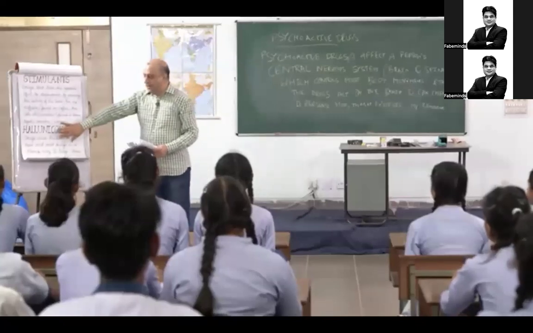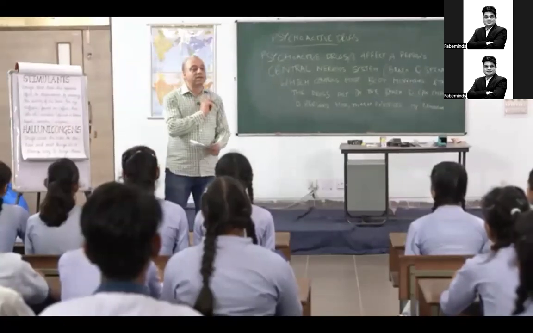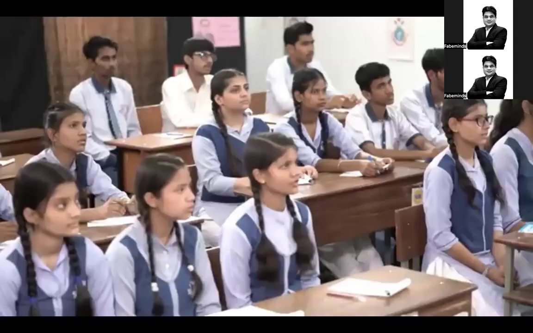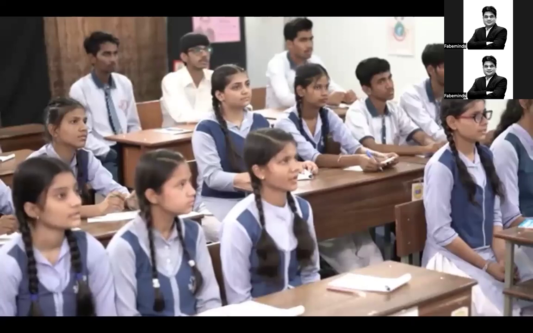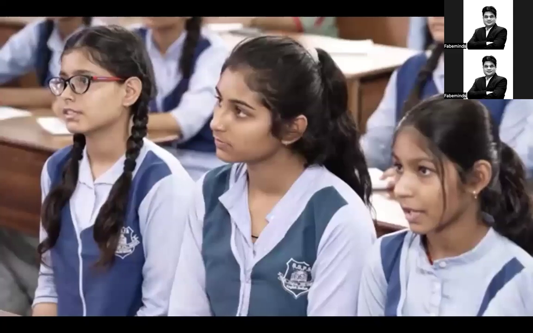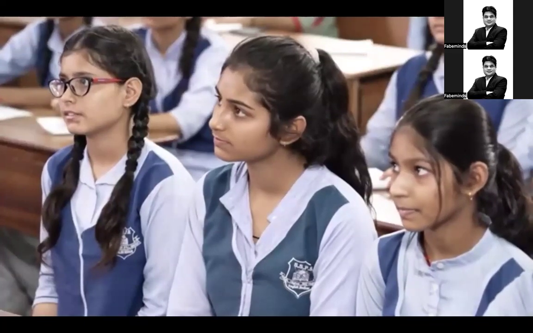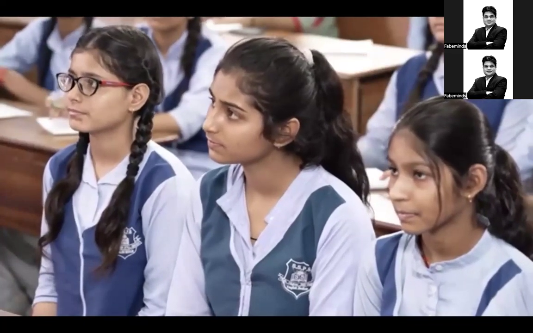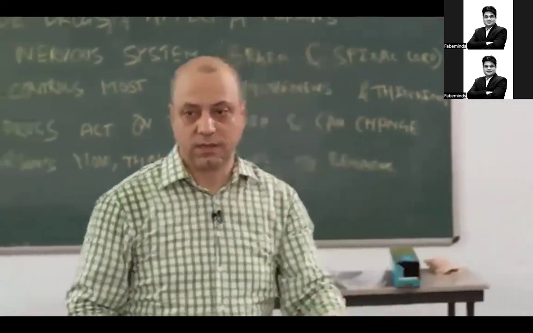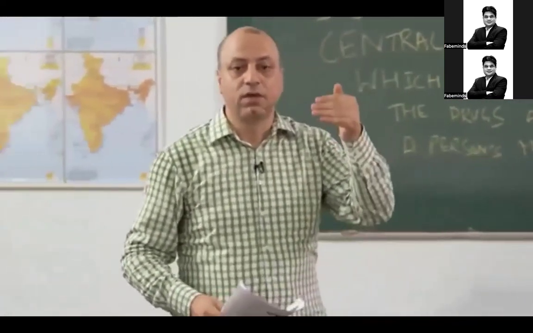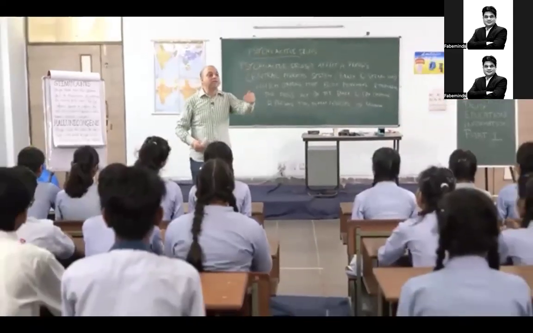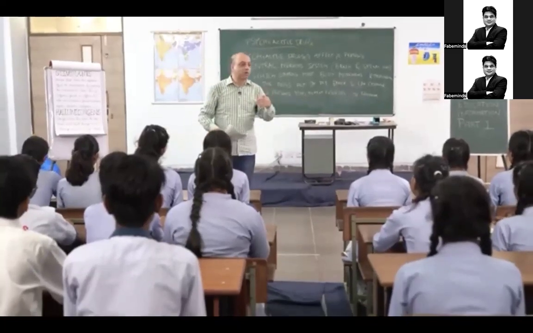And the last one, what am I discussing? As a depressant, as a stimulant. What are these? These are not different kinds or types of drugs. These are three categories of psychoactive drugs.